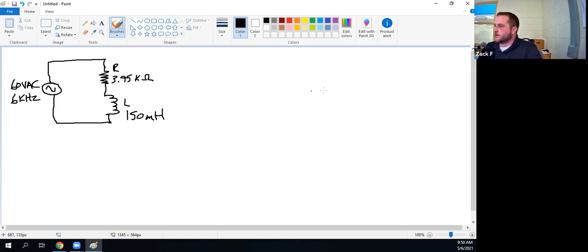There is our circuit. So we can solve for E total, I total. What is the total resistance in an AC circuit called? Starts with a Z. Impedance.